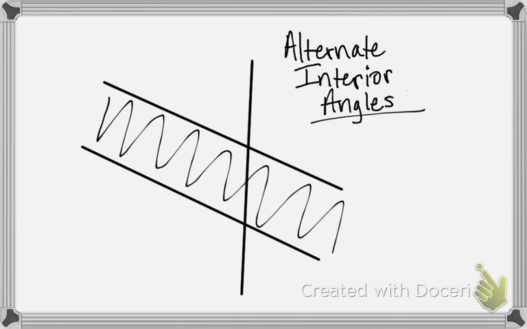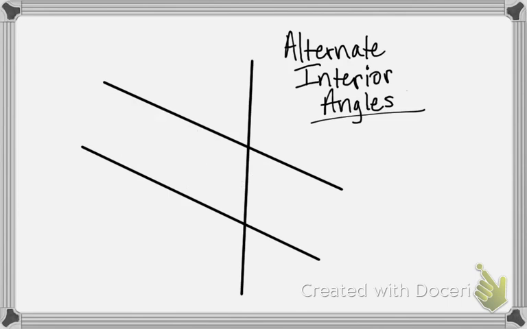So there's my interior of my parallel lines. So what we mean by that, we have alternate interiors. That angle is going to be alternate interior with this angle. And what we know from our very first thing that we talked about is that these alternate interiors are going to be equal to one another. So their angle measures are going to be the exact same.